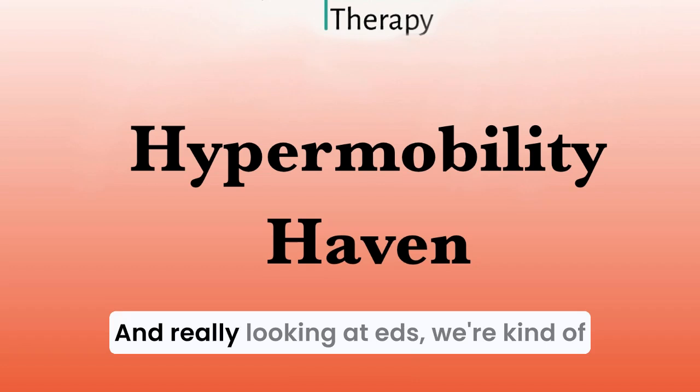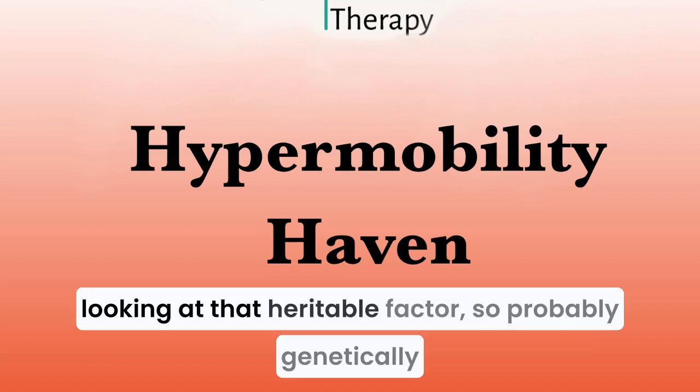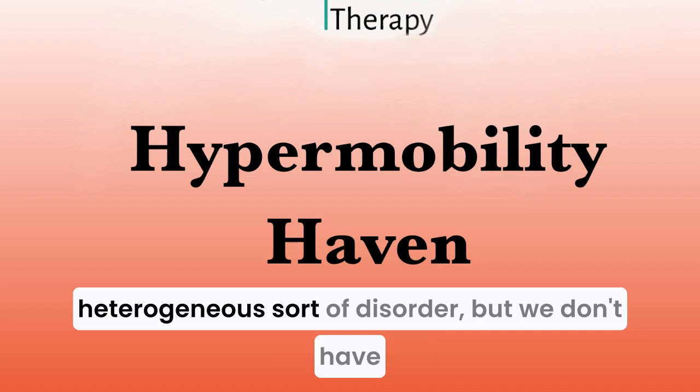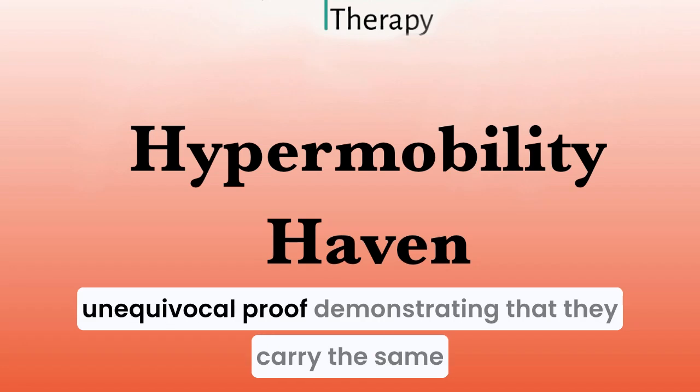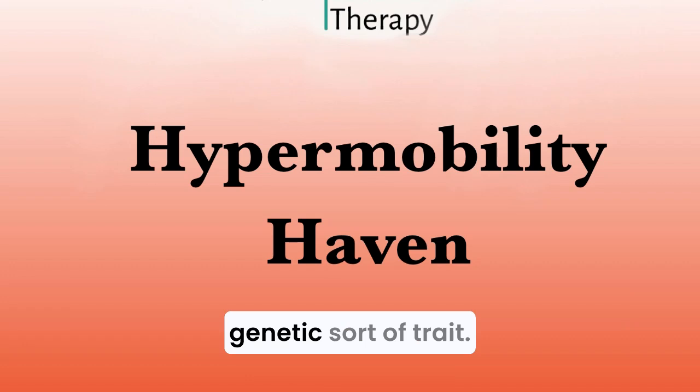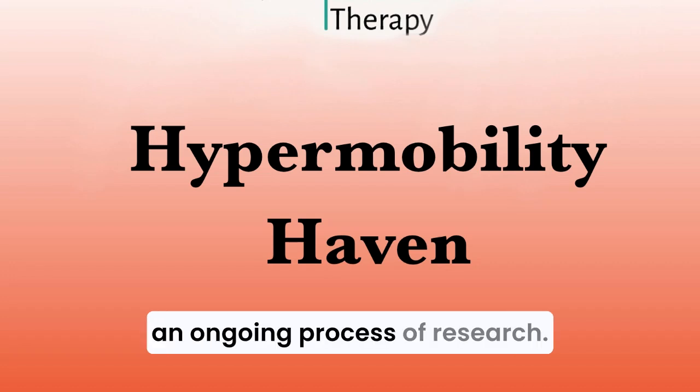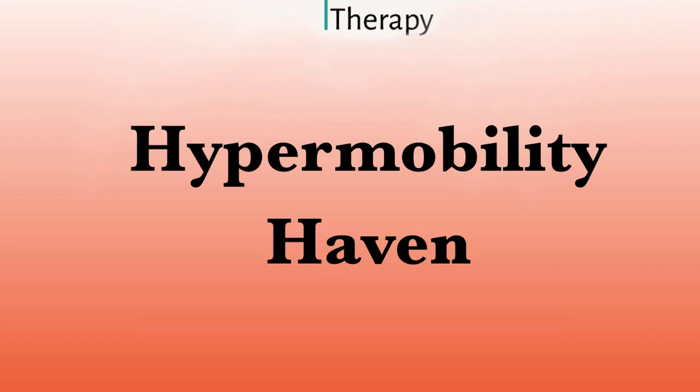And really looking at EDS, we're kind of looking at that heritable factor. So probably a genetically heterogeneous sort of disorder, but we don't have unequivocal proof demonstrating that they carry the same genetic trait. And that's still an ongoing process of research.